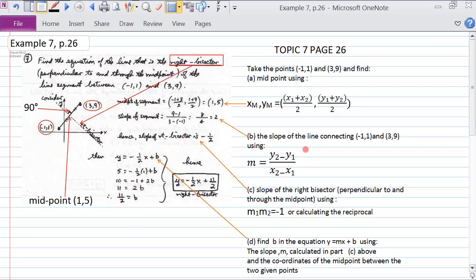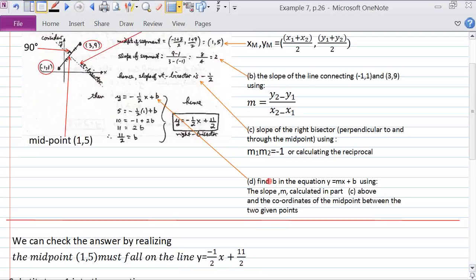So there are four parts to this: the midpoint, the slope formula, the perpendicular slope formula, and finally being able to calculate b.